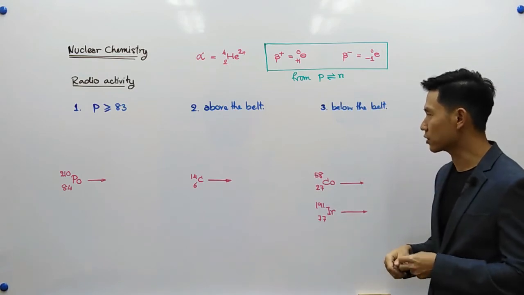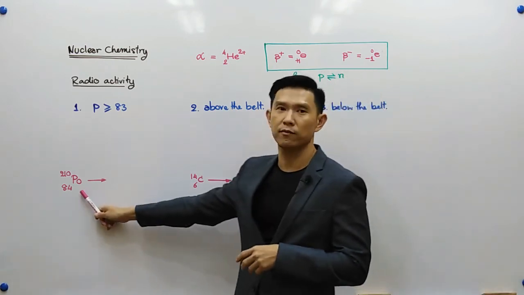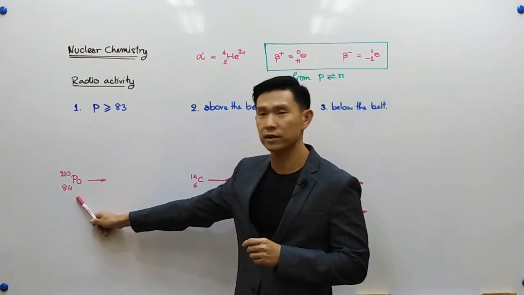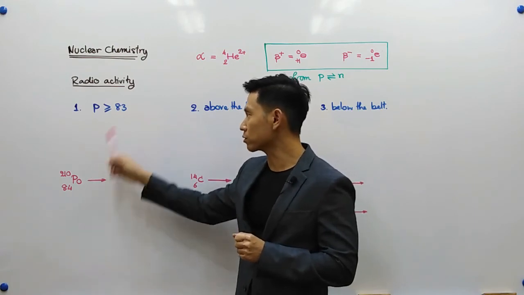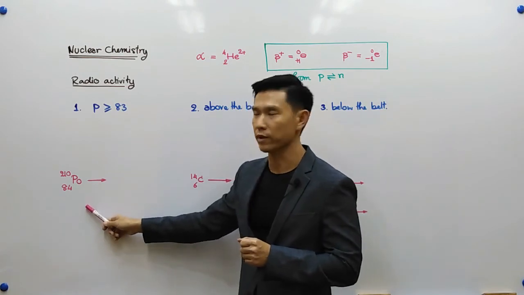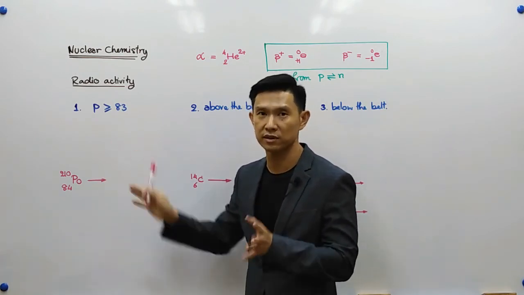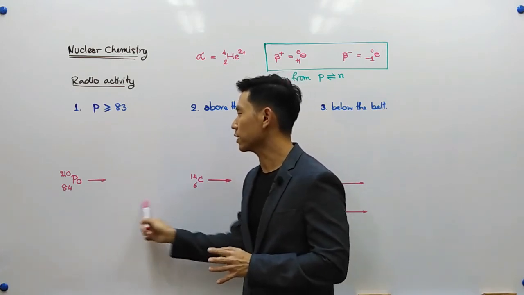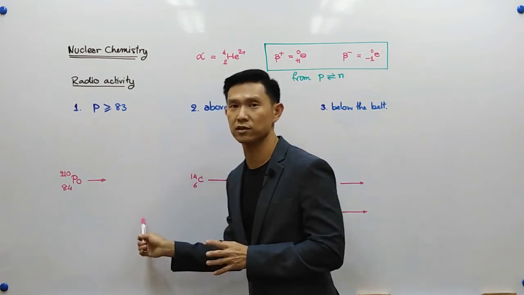I also give you some examples. The first example is polonium-210. Polonium-210 belongs to this class because it has too many protons, right? So you have to reduce the number of protons somehow. What kind of radiation can happen, and can you fill up the equation over here?